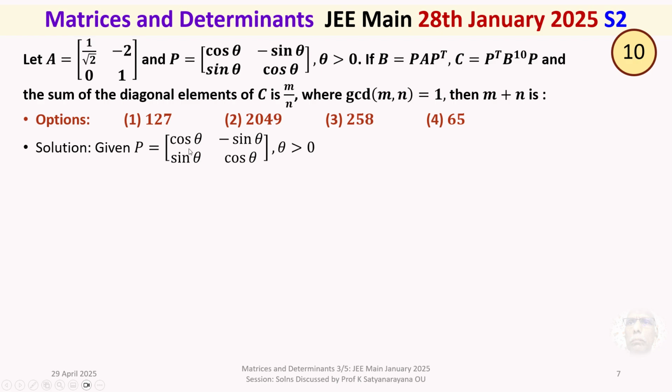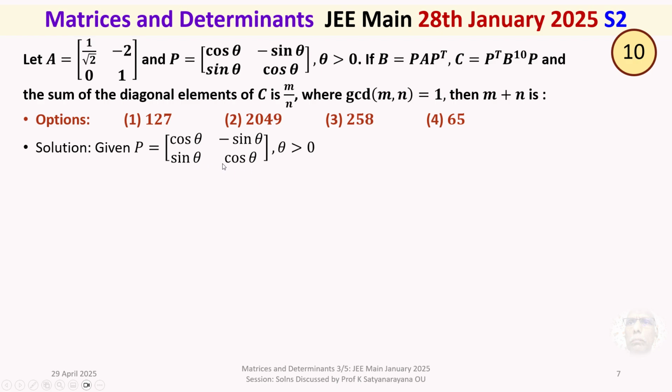This matrix, cos theta, minus sin theta, sin theta, cos theta, is called an orthogonal matrix. The meaning of that is any two distinct rows are orthogonal to each other. That means if you take the dot product of the first row with the second row, that is 0. And the length, the norm of each vector is 1: cos square theta plus sin square theta is 1.